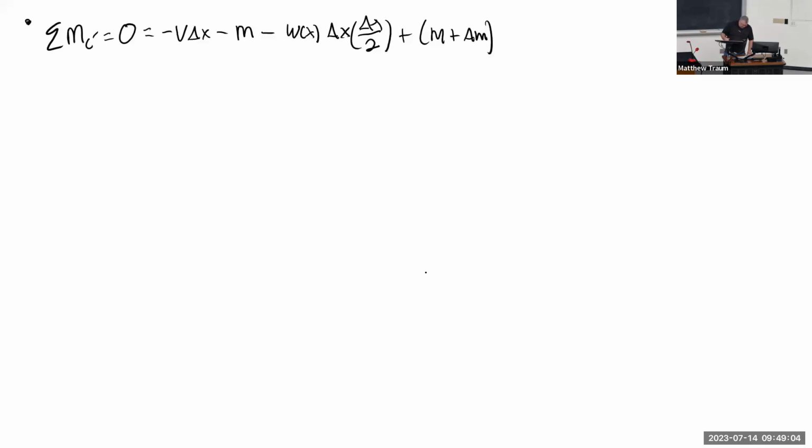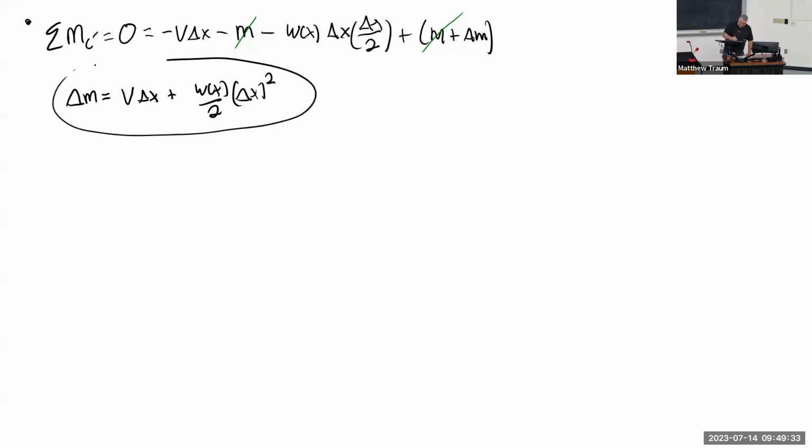And then I'm going to go through and cancel things out that are the same. So for example, this moment goes and that moment goes, and delta M is equal to V delta X plus Wx over 2 delta X squared. And this is going to be my second key equation.